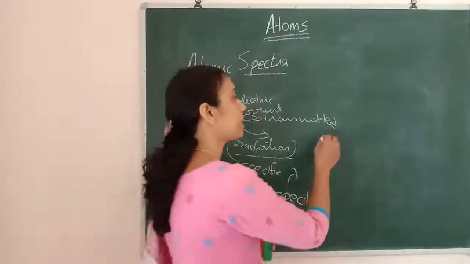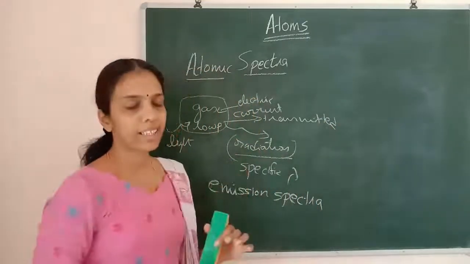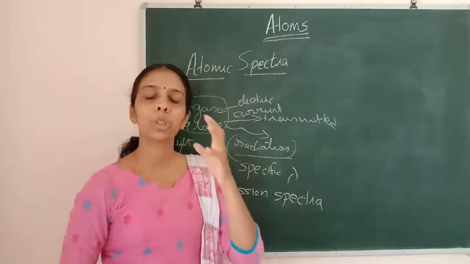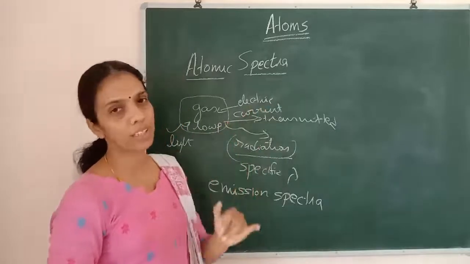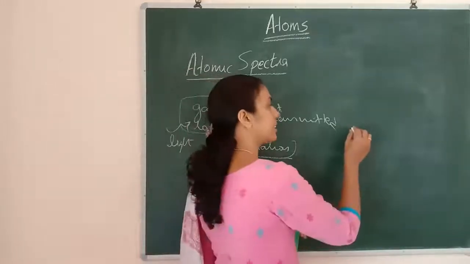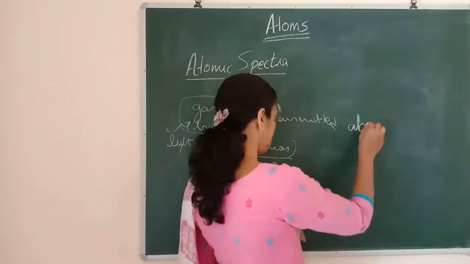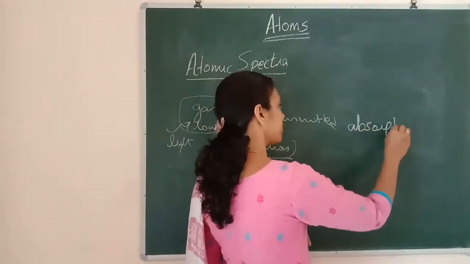These dark lines show the properties of the gas. Such a spectrum is called an absorption spectrum.